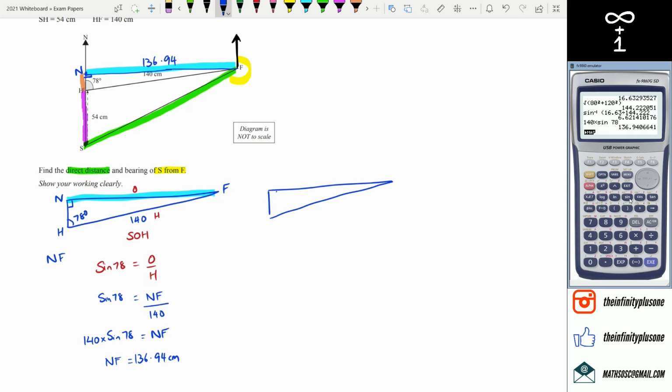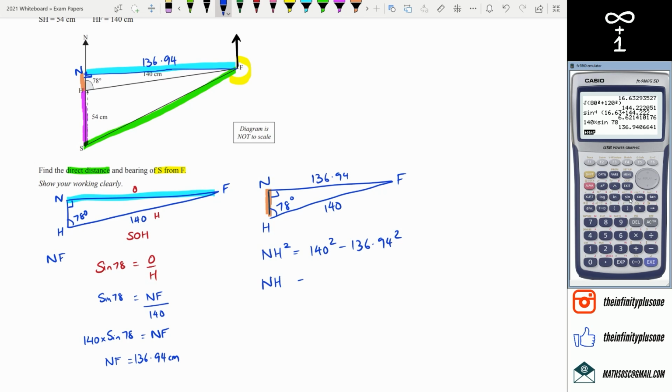With the orange part, you could use Pythagoras or trig. It doesn't really matter, because you've got enough information: you've got 136.94, you've got 140, and you've got 78 degrees. This is NHF. I'm going to use Pythagoras, so NH squared equals 140 squared minus 136.94 squared.